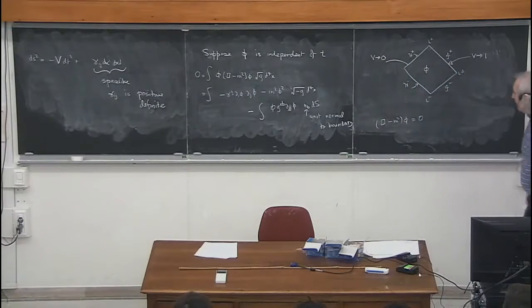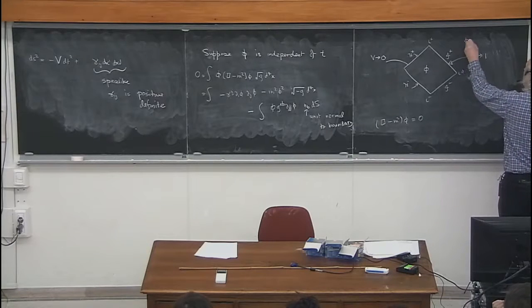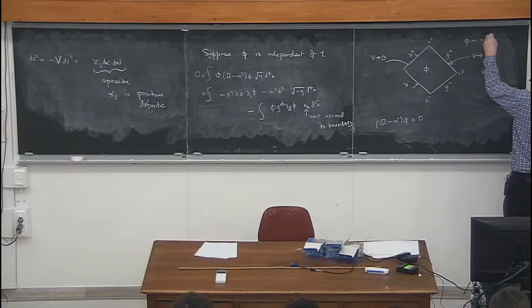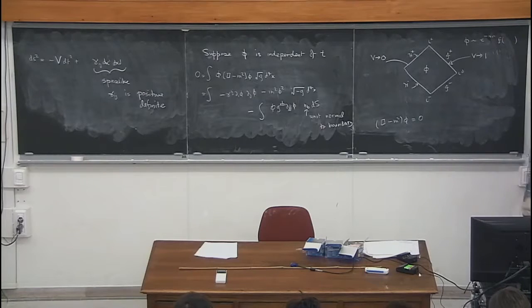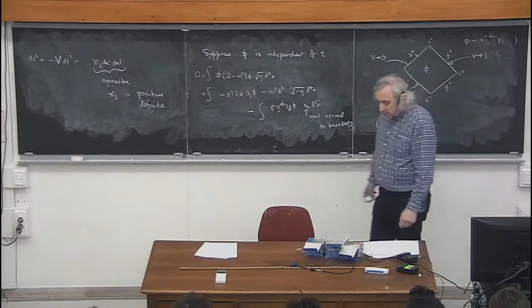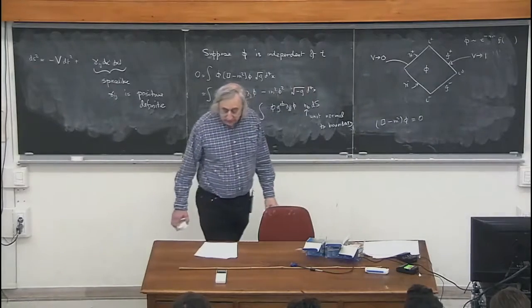At infinity, it's easy to work out the behavior of phi. It must be exponentially damped, e to the minus mr times some function of position. So that's not going to give you any contribution. On the horizon, all you know is that n is null.